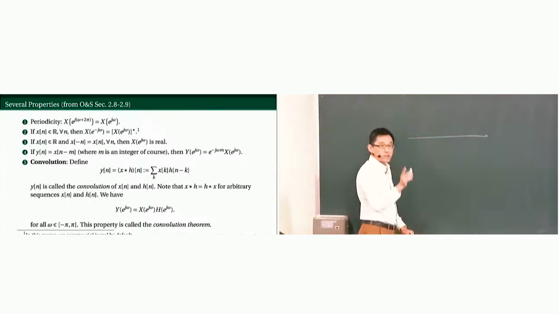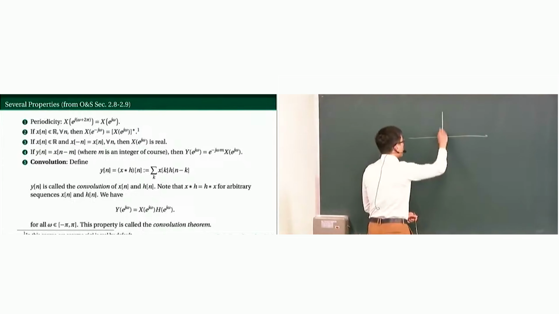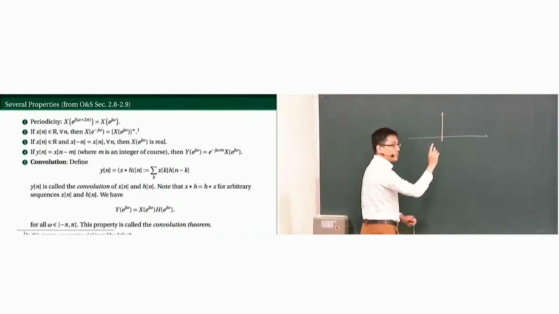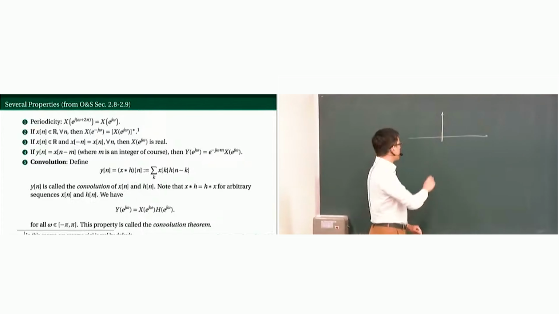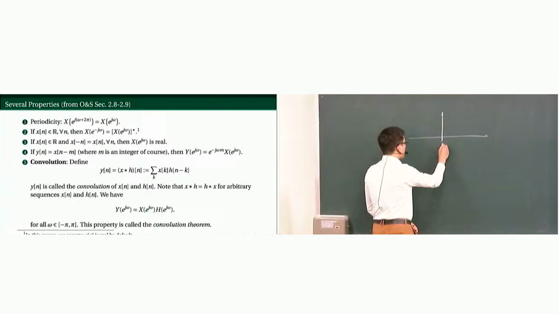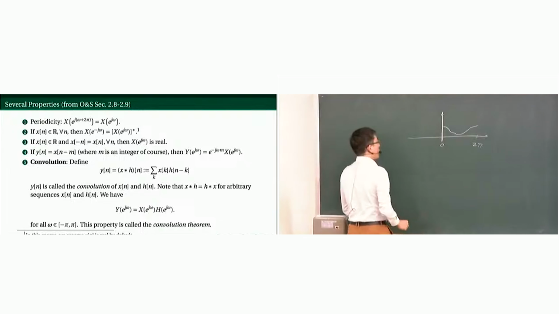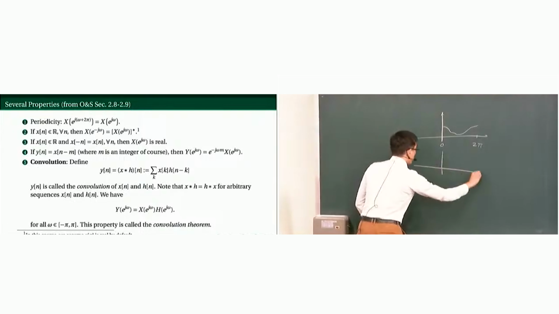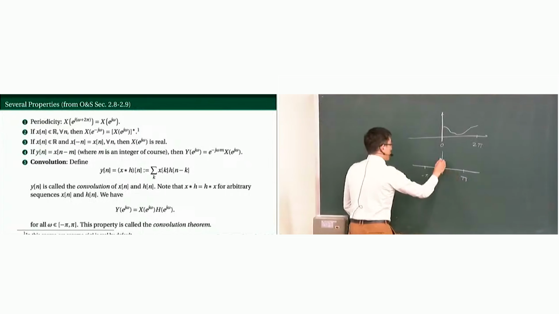If I ask you to make a sketch for your homework or for your tests, if I ever ask you to sketch a magnitude spectrum for any DTFT, please, you can just plot from 0 to 2 pi, okay? Or you can plot from minus pi to pi. And that'll be great, okay?